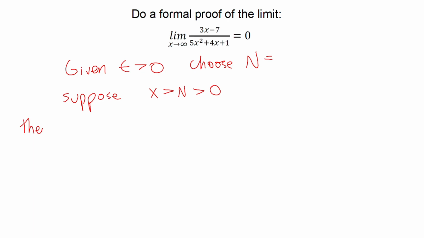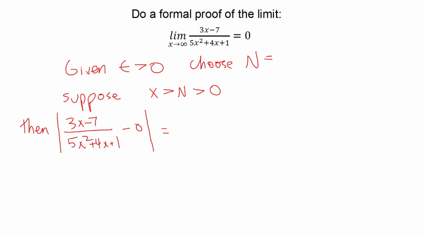And then we will take the absolute value of our function minus the limit and show that it is eventually less than epsilon. And so we can immediately get rid of that minus 0, of course.